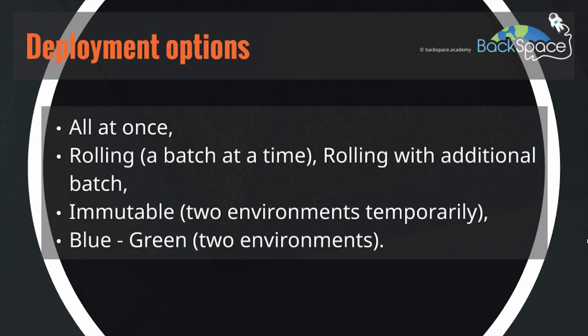And finally, we've got blue-green deployments, and they will have 2 environments that will be running your application under the one Elastic Beanstalk application. And so what that is, you will have a blue environment and a green environment. One of those could be a development environment, and the other one could be your production environment. So when you get to the stage where your development environment is ready to be deployed, all you simply need to do is to switch over from one environment to the other environment.